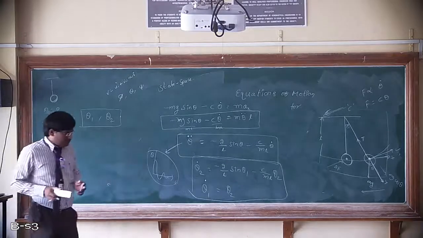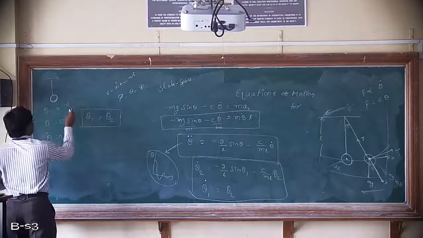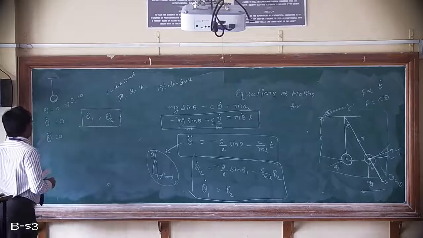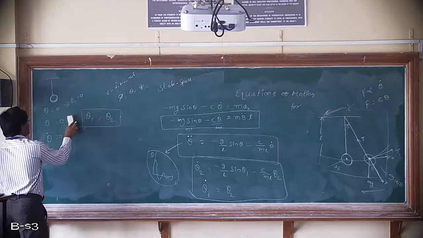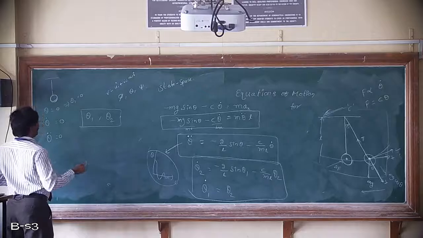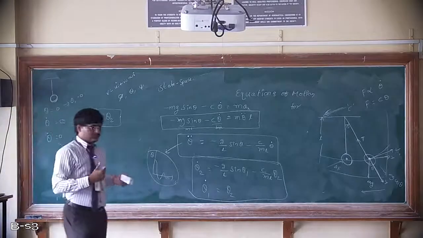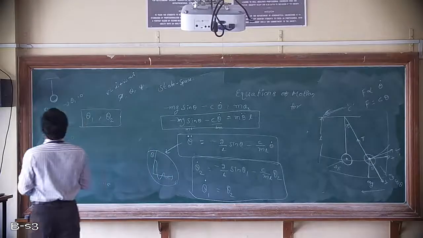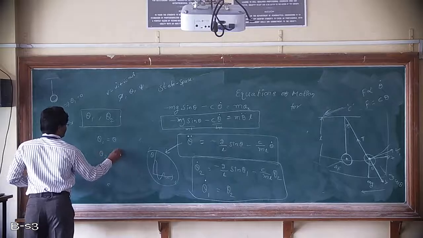Now, if theta is 0, then the state variable theta 1 is equal to 0, right? What about theta dot? I am assuming theta 1 is theta and theta 2 is theta dot, right?